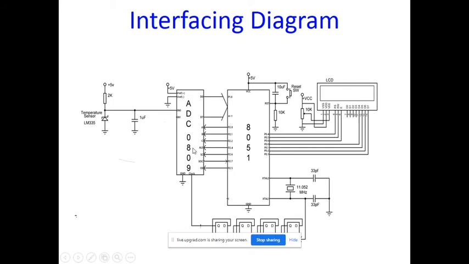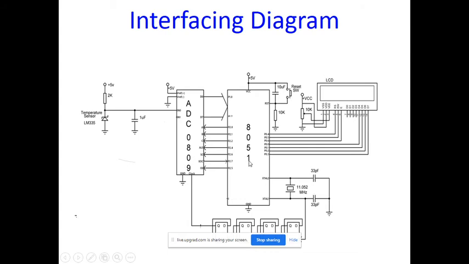Okay, and the clock signal for the ADC is taken from the crystal frequency. We are taking the crystal for the 8051, that is 11.0592. From that crystal we are connecting here a divide by n network, and we are reducing the frequency, and it is given to the ADC. Means you are not connecting a separate crystal here.